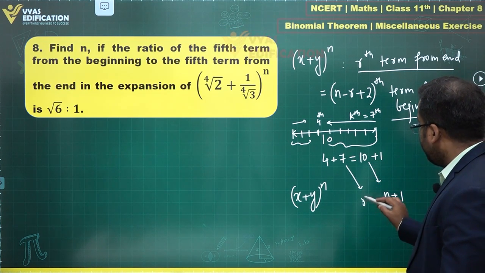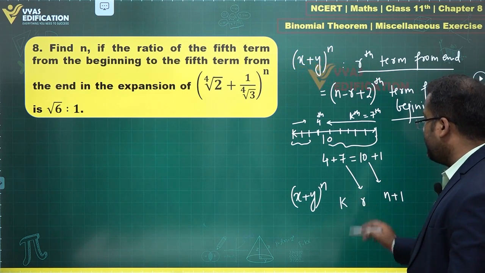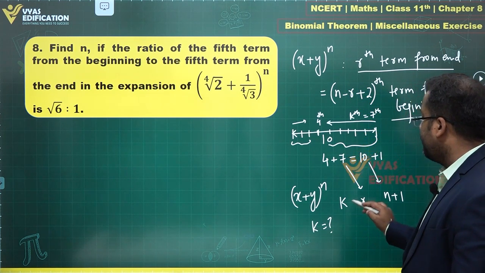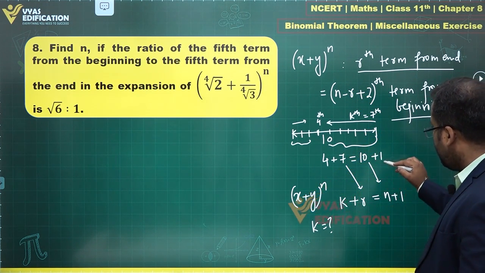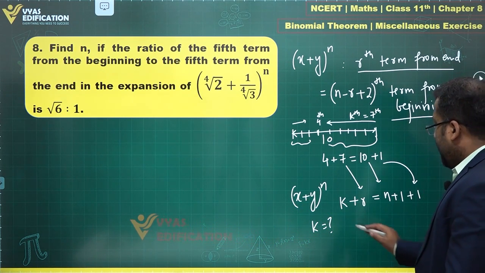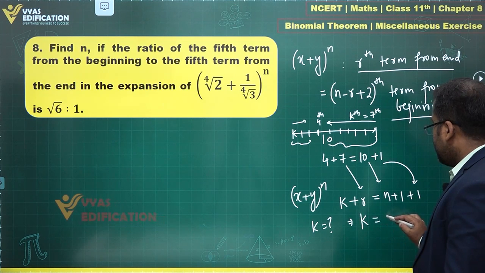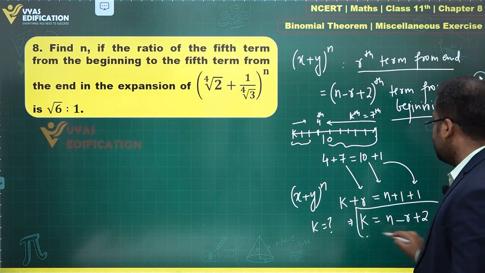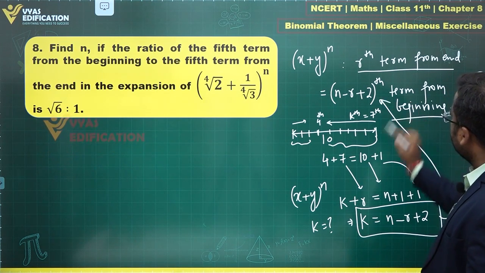From the end, if your position is rth, then from the beginning your position is kth, where k is the question mark. So k plus r is equal to n plus 1, and then you have a plus 1 extra, right? And this implies that k equals n minus r plus 2. This is what you have, and that is what is given over here, right?